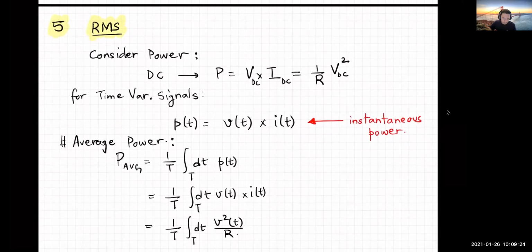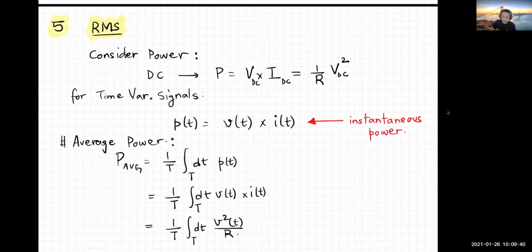So RMS comes from this idea of power in a signal. For DC signals, we looked at power and we said that the power is simply the product of voltage times the current.